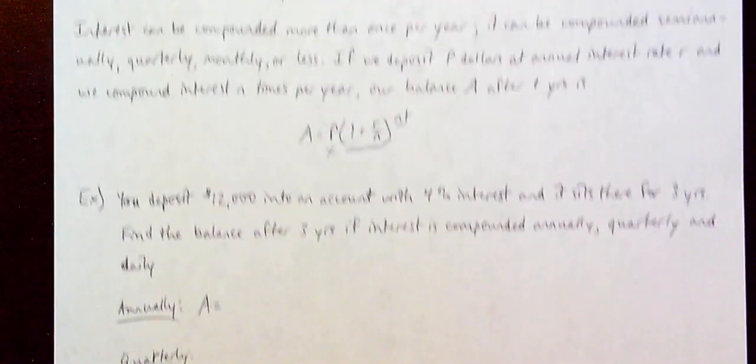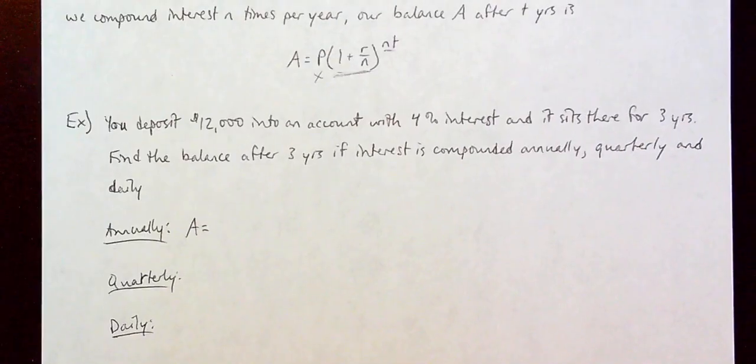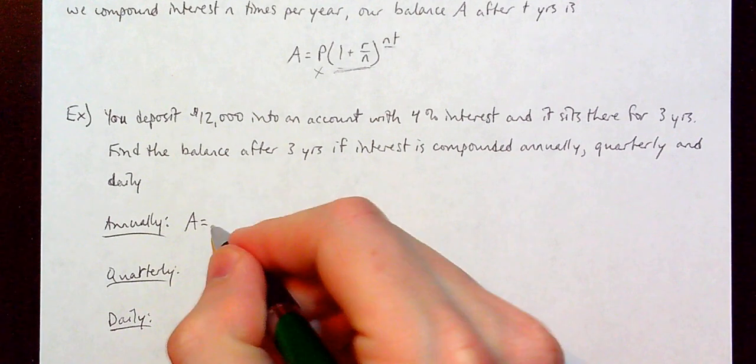So again, a quick recap for what these things are. P is the amount of money that we deposit to start with. We deposited $12,000.